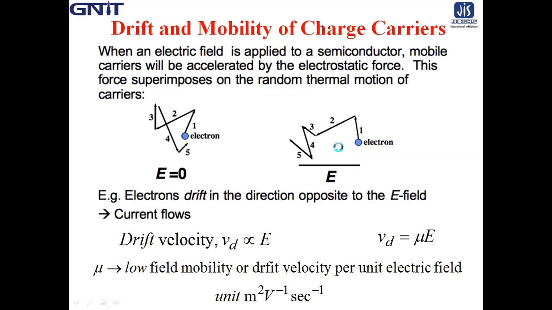Now, if an electric field is applied to a semiconductor, electrons and holes will be accelerated in opposite directions due to the force exerted on them by the field. The electrons would be accelerated in a direction opposite to the direction of the electric field.